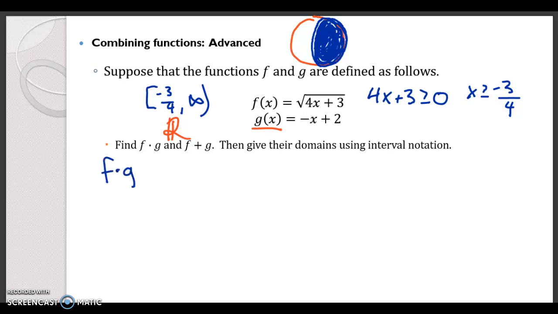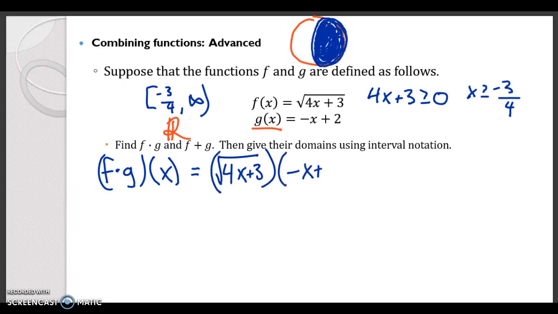So f times g of x, all we do is we take f, square root of 4x plus 3, we multiply it by g, negative x plus 2, and we're done.